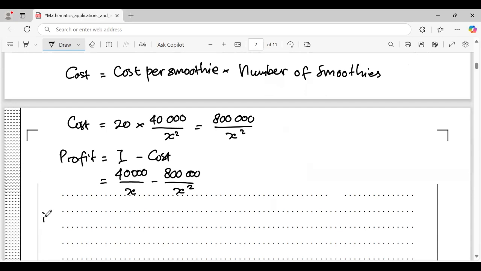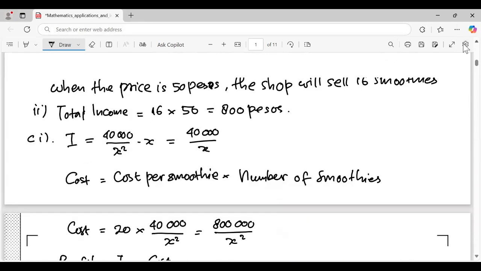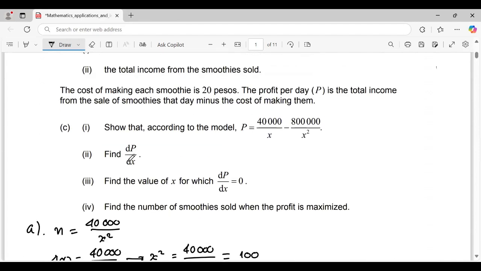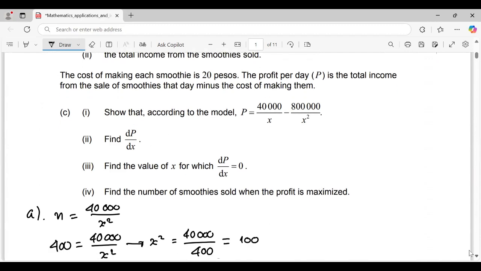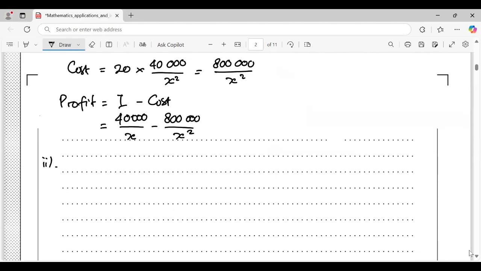C part 2. Find dP over dx, the differential of this equation. The equation becomes 40,000 x to the power minus 1 minus 800,000 x to the power minus 2.